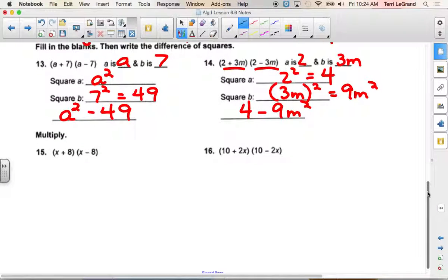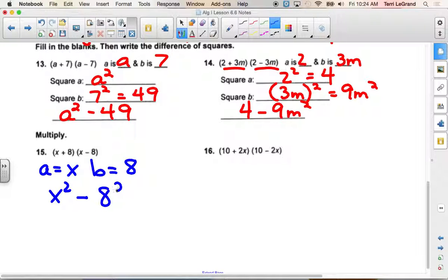So let's do it here. A equals, b equals. What's our a? X. What's our b? 8. So x squared minus 8 squared, x squared minus 64. That's easy.